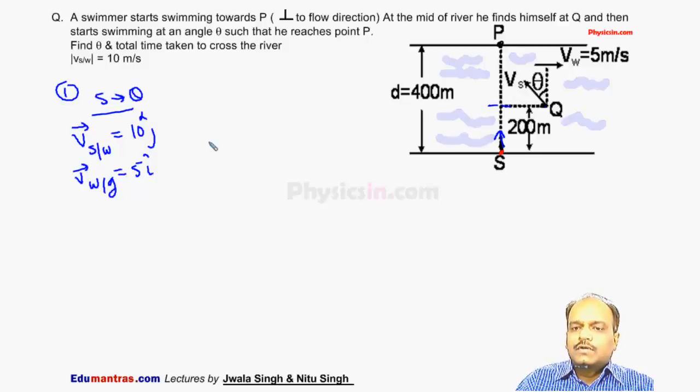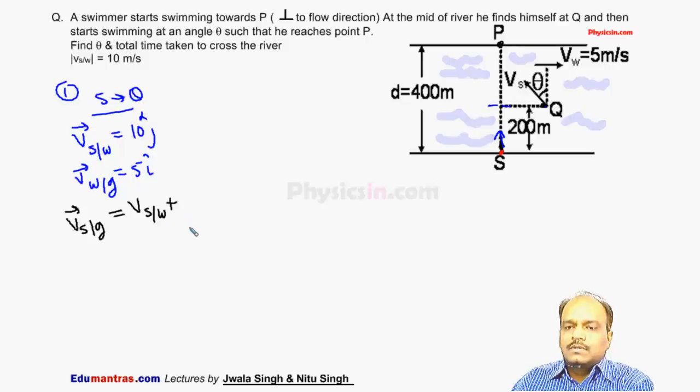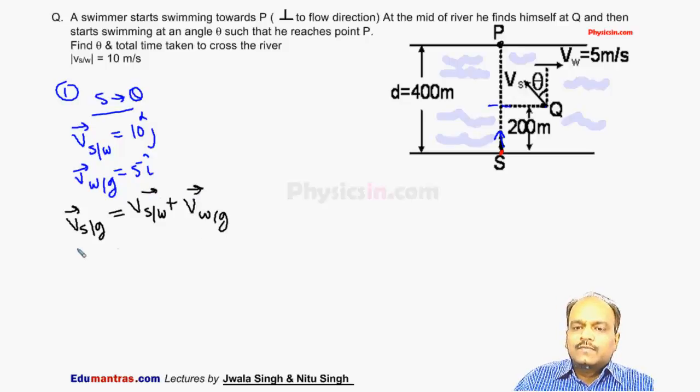We know the velocity of the swimmer with respect to ground is the velocity of the swimmer with respect to water plus the velocity of water with respect to ground. So if I add these two, the velocity of the swimmer with respect to ground is equal to 5 i cap plus 10 j cap.